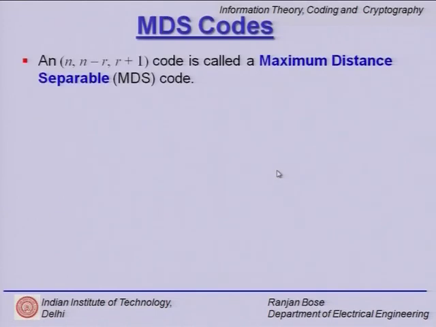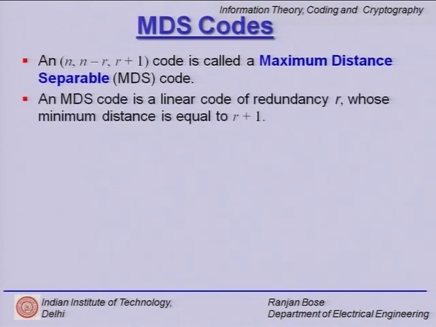Now, we come to one final definition, which is the maximum distance separable code, the MDS code. How does this work? Well, we start from the redundancy. Finally, we are trying to correct a certain number of errors by adding a certain number of redundancy. So, for a given redundancy r, my code is (n, n minus r).